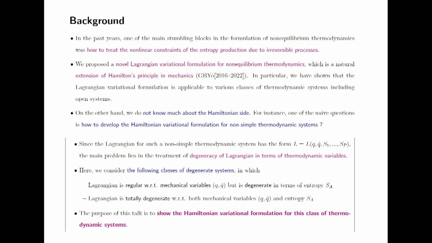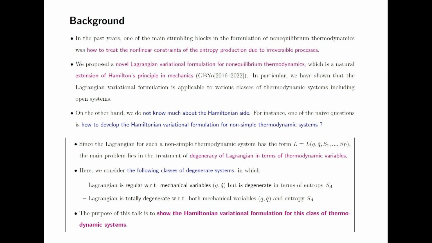So we proposed a novel Lagrangian variational formulation for such non-equilibrium thermodynamics, which is a natural extension of Hamilton's principle in mechanics. And we have shown that our approach can be applied to various classes of thermodynamic systems, including open systems. On the other hand, we don't know much about the Hamiltonian side.